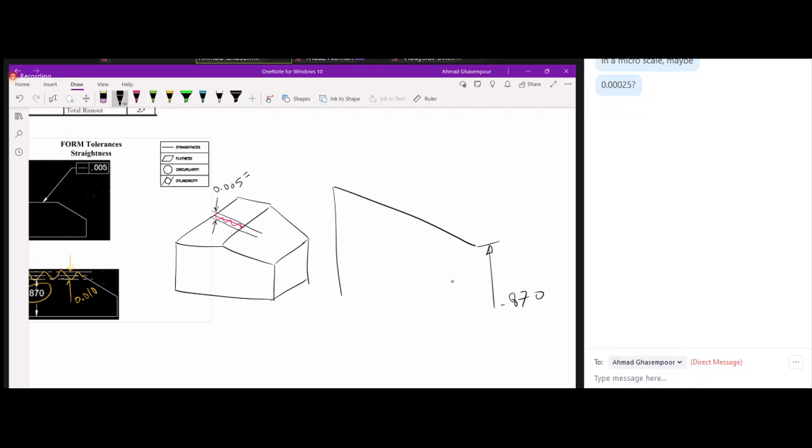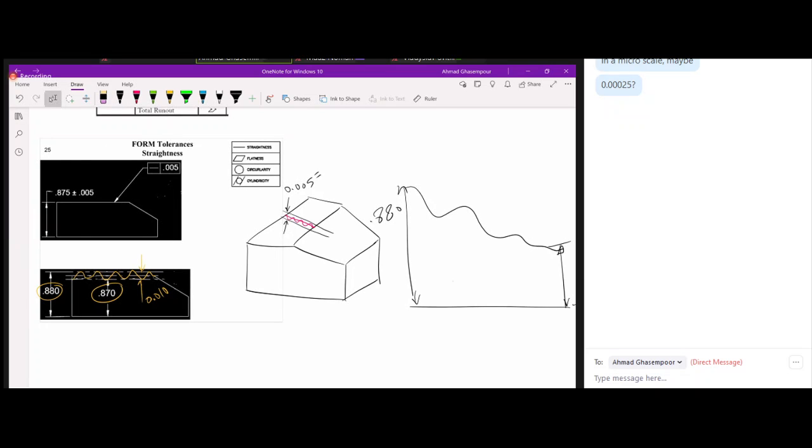One side could be 880, and then you would have the edge looking like this. So this is still acceptable, right? So what you're controlling is the straightness. That's why it doesn't have a datum. The orientation of this doesn't matter, right? So it could be any orientation. So we're not controlling what orientation it is. Now, this was straightness applied to a surface.